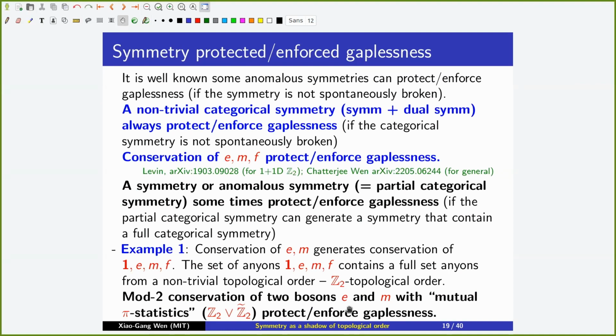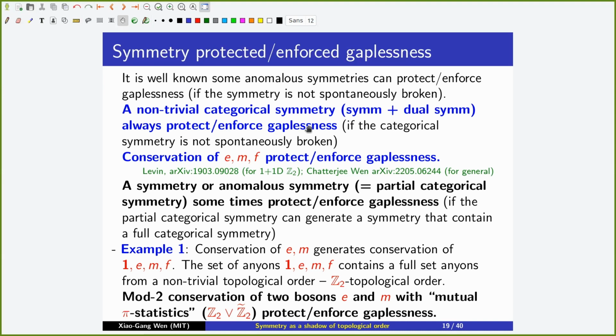Okay. And from this, we actually get a general picture of symmetry-protected or symmetry-enforced gaplessness, because basically it says the following: if a categorical symmetry is not broken spontaneously, then the state must be gapless.